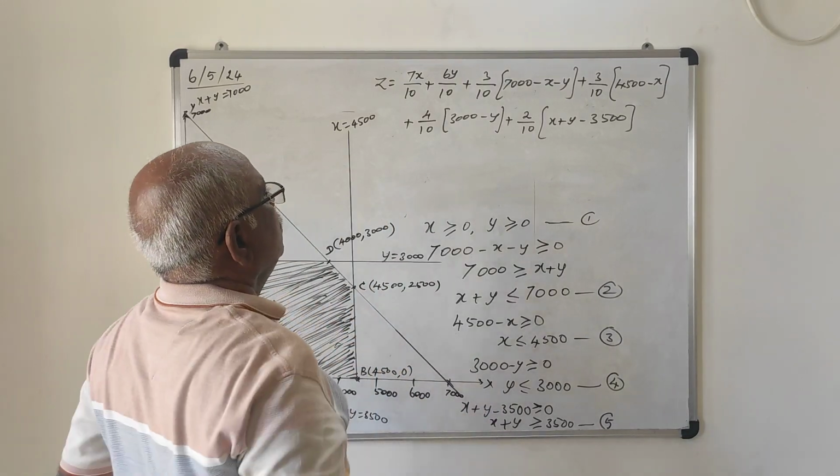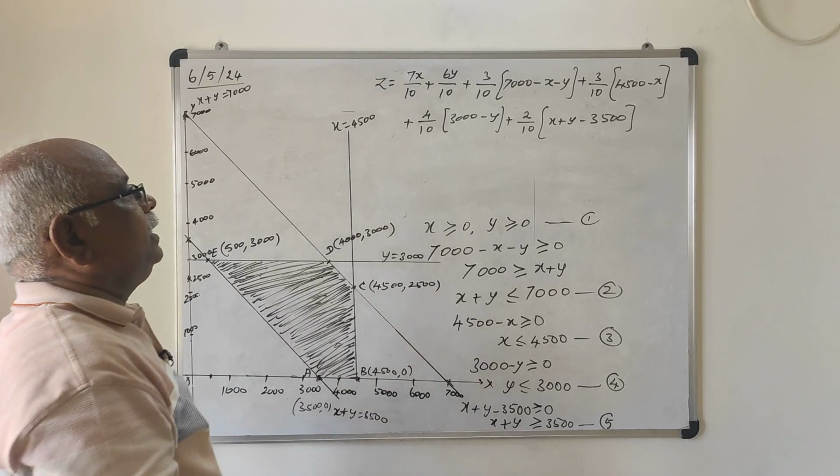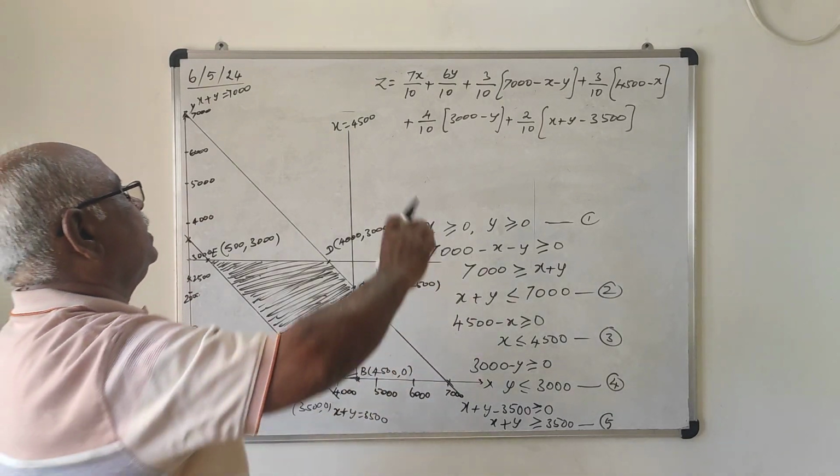So from the table, the objective equation Z is the cost of transportation.